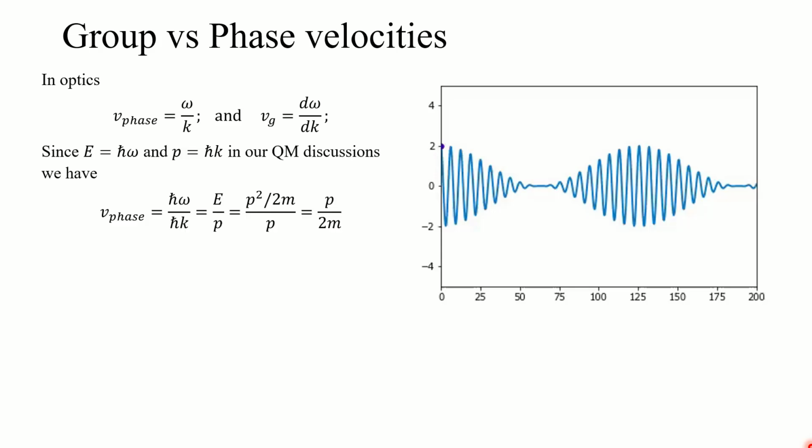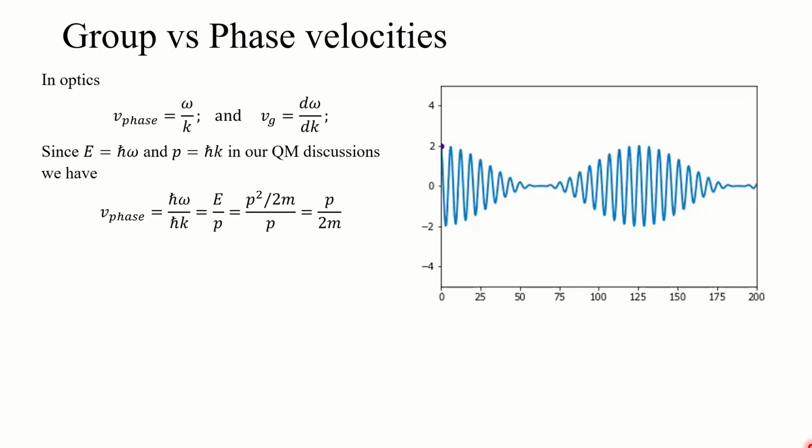In quantum mechanics, we have the relationship that the energy is h bar omega. We used that a few times already, where we wrote that energy over h bar in terms of an angular frequency. And we have the momentum as h bar k.